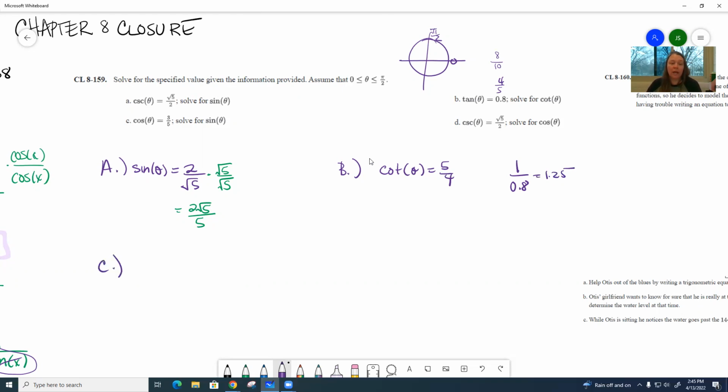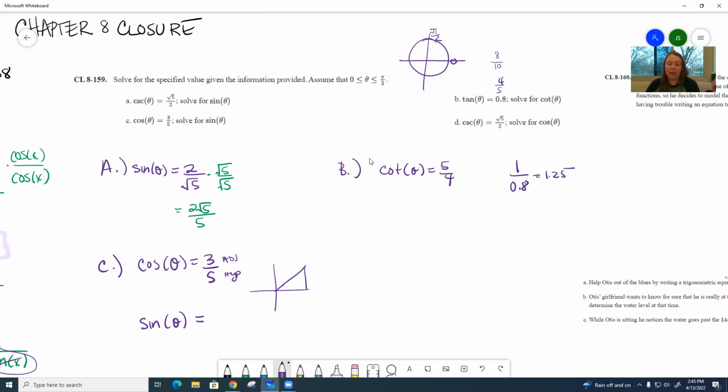For part C, I'm given that the cosine of the angle is 3/5, but I want the sine of the angle. Those are not reciprocals of each other, but I know I have an angle in the first quadrant where the cosine, the adjacent over the hypotenuse, is 3/5.